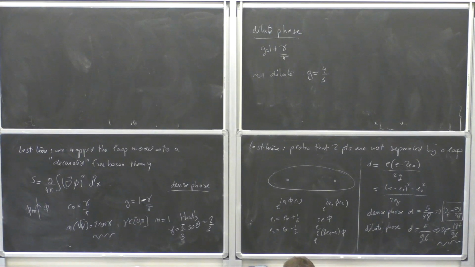Yes, go for it. Why can we deduce the dimension from looking at when two points are separated by a loop? Yeah, this is something I explained last time a little bit.